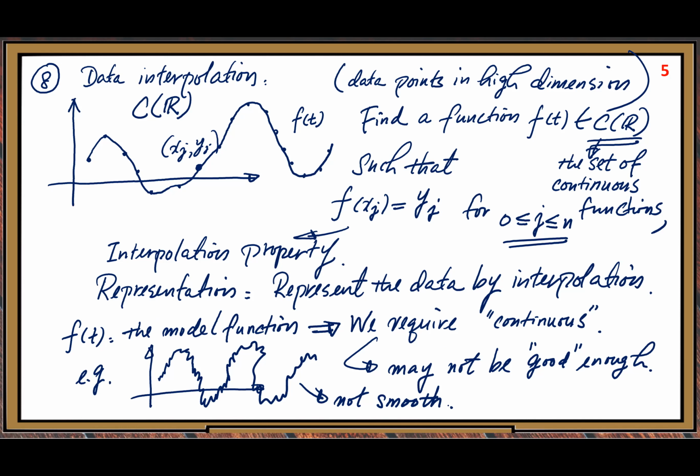How do we describe that good property? Smoothness is one desirable property we would like to have.